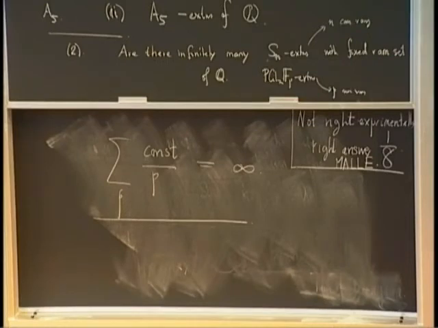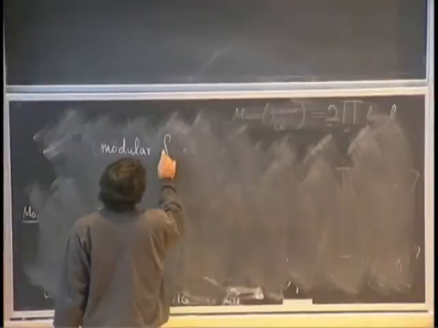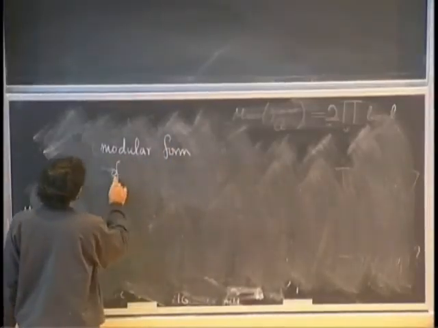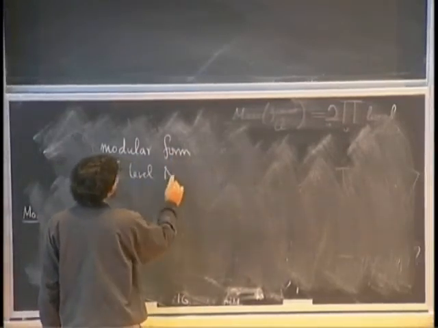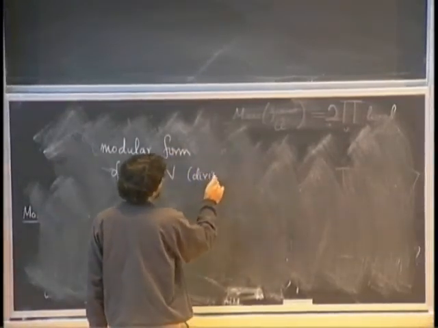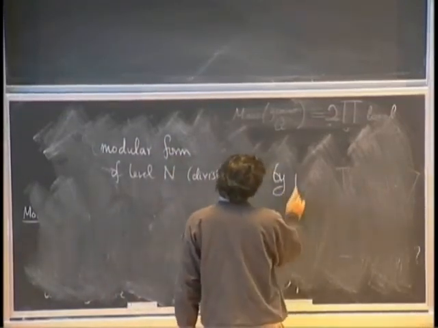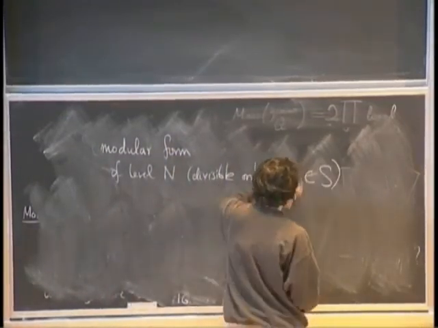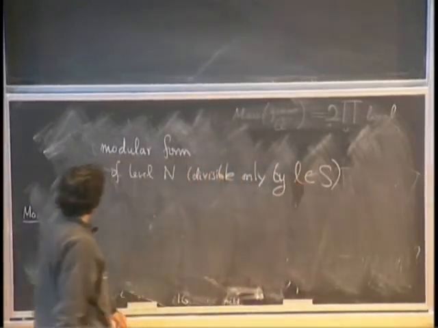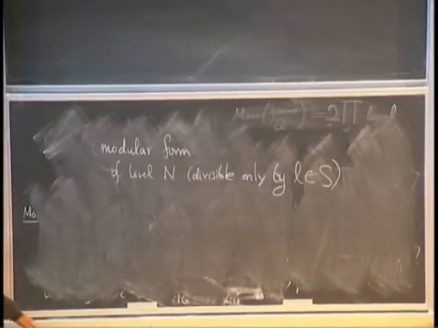One way you can get them is from modular forms. Suppose you have a modular form of level n, which is divisible only by primes in S. This gives you a Galois representation.